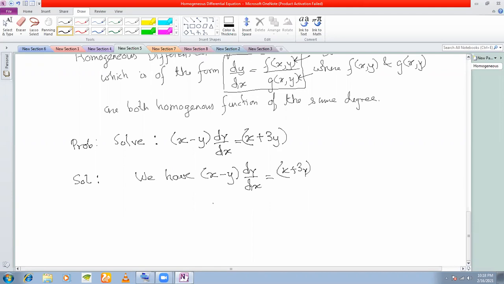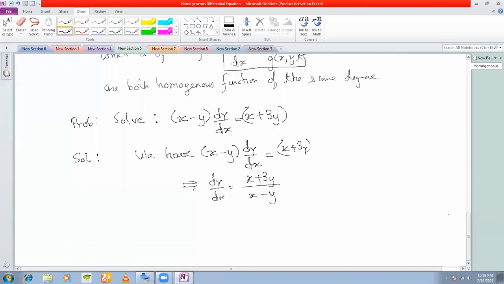Therefore, you can find out dy dx from here to be x plus 3y divided by x minus y. Right? Now what you see here is that, if I take x common here, let us do it separately. Let us say this is equal to fxy by gxy, suppose. Okay, fine.